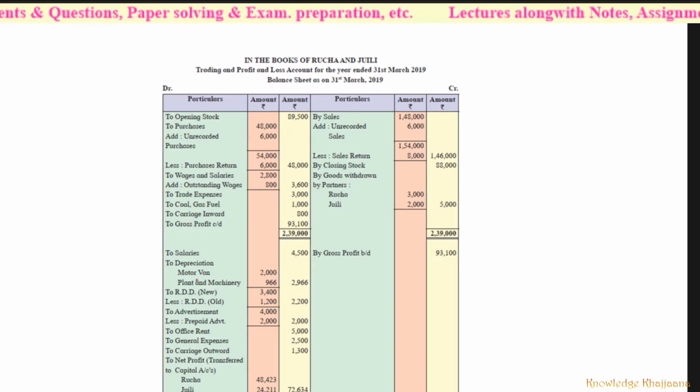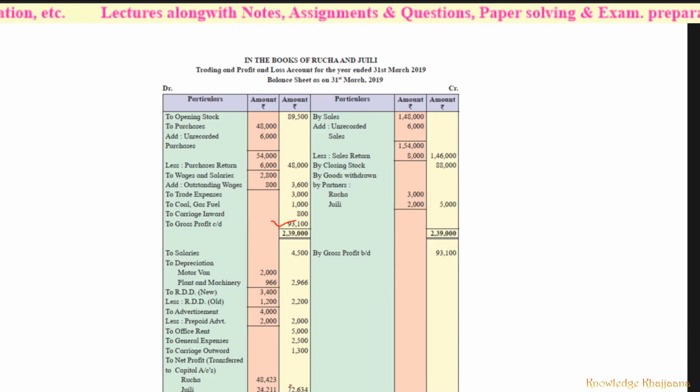After solving the problem, see, we have to verify. Our gross profit was rupees 93,100, and here this is as given by the book. Their gross profit and our gross profit are matching. It is rupees 93,100, right? It means our gross profit is matching.